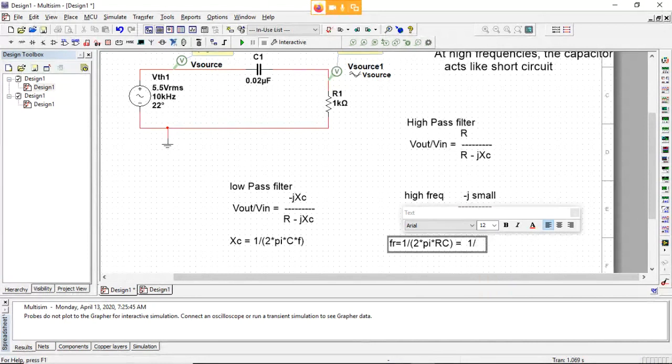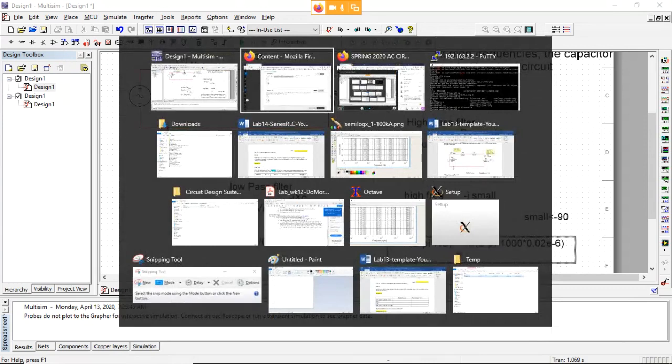So we have 1 over 2 times pi times R times C. R is 1,000 and C is 0.2 e to the minus 6, right, micro. And so if we plug that in, I think I've got Octave here somewhere.